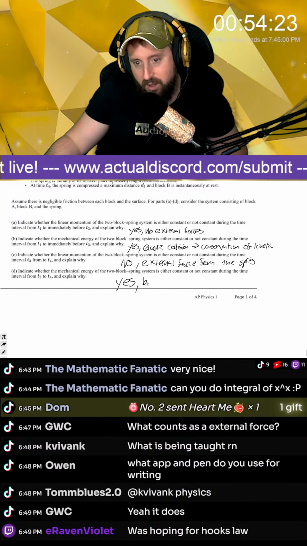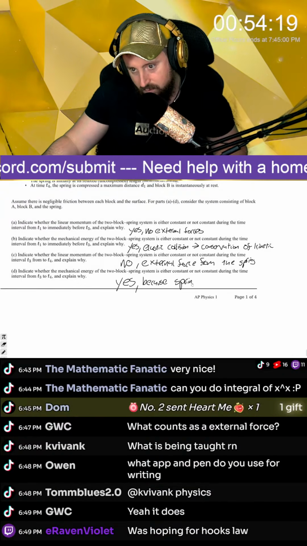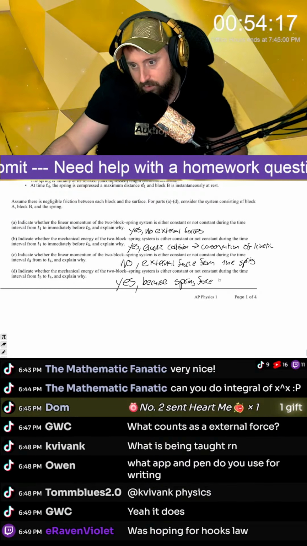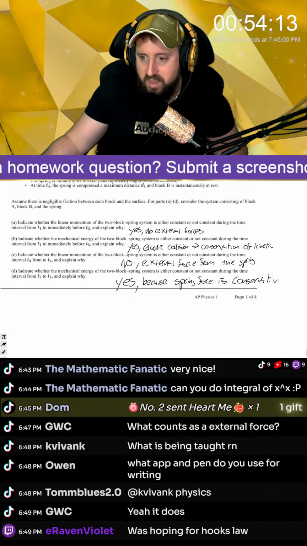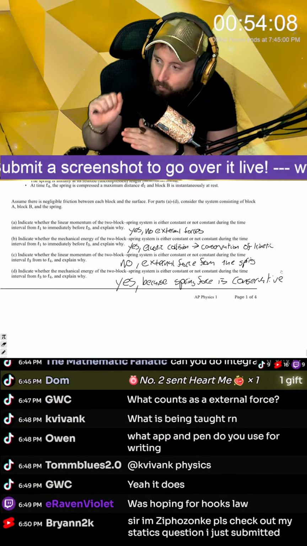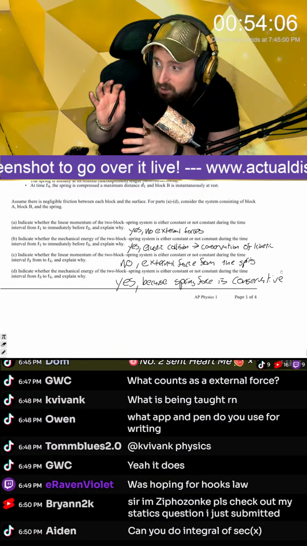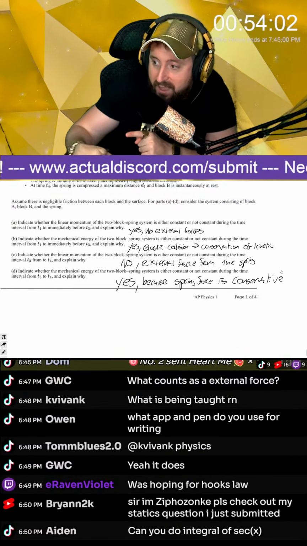And you can say, because the spring force is conservative. And here's what we mean by conservative forces. It means that any kinetic energy that gets put into potential energy can be easily transferred back.